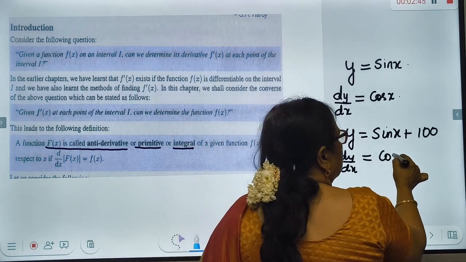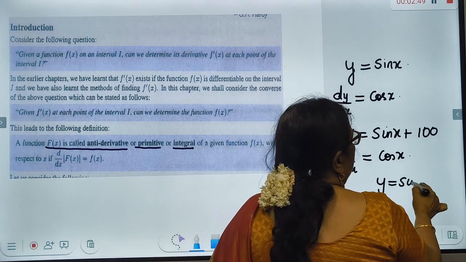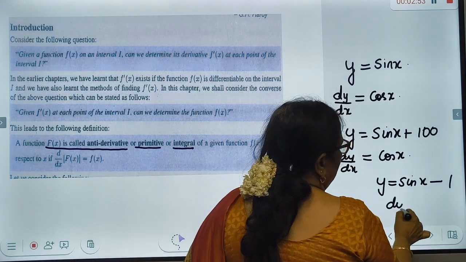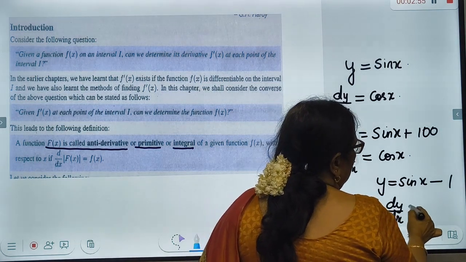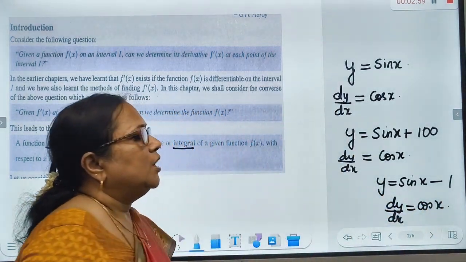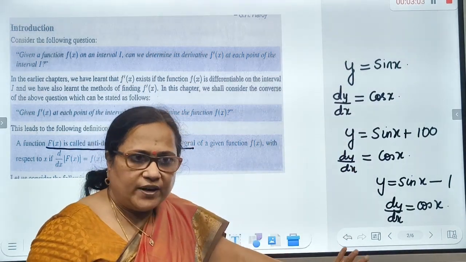Still cos x. If y equal to sin x minus 1, what is dy by dx? Cos x, because the derivative of a constant is 0.